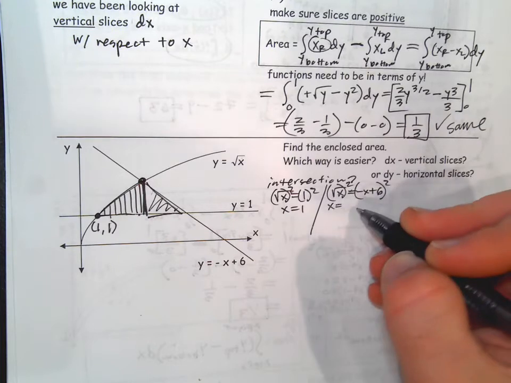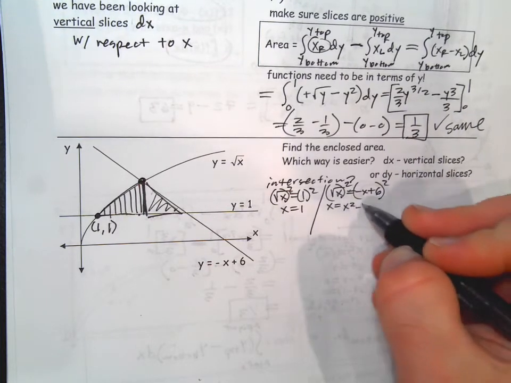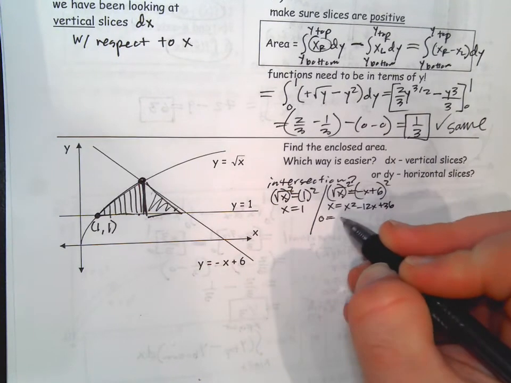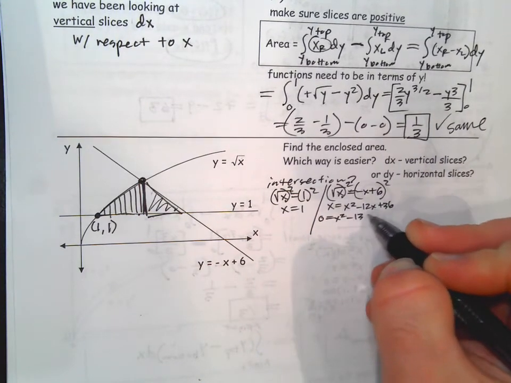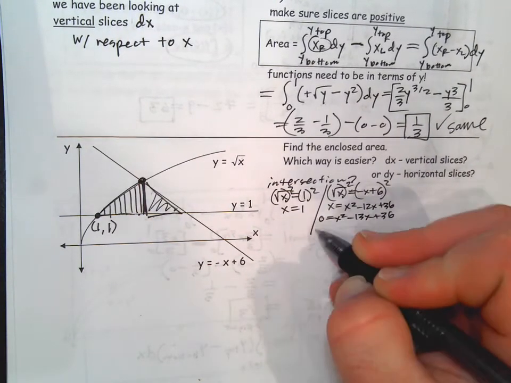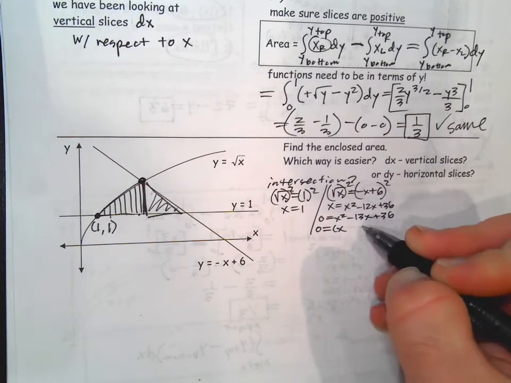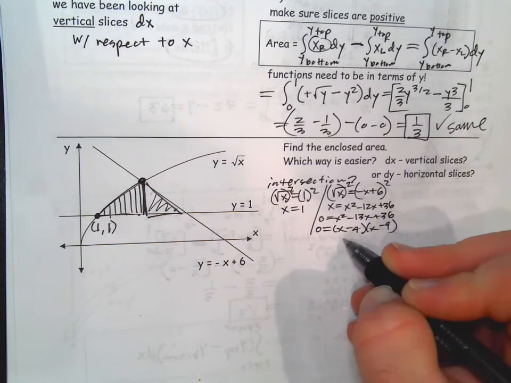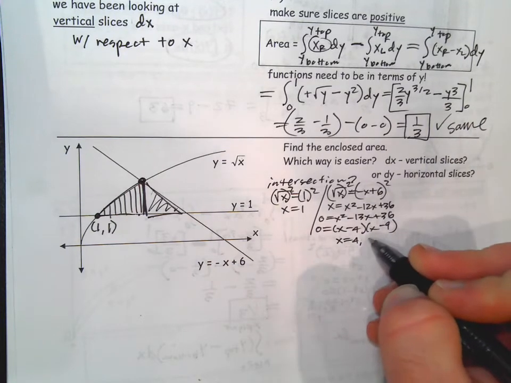Isolate the radical, which it already is: x squared minus 12x plus 36. Move everything to one side: x squared minus 13x plus 36. Solve it, factor it. It's going to be minus 4, minus 9. So we're going to get x equals 4 and x equals 9.